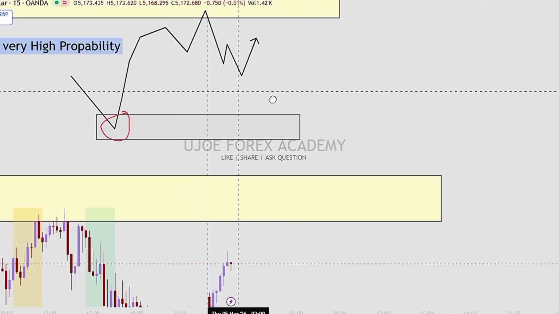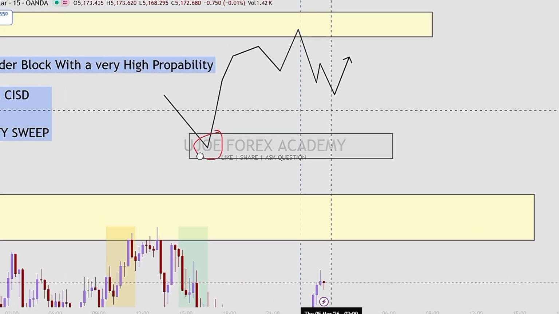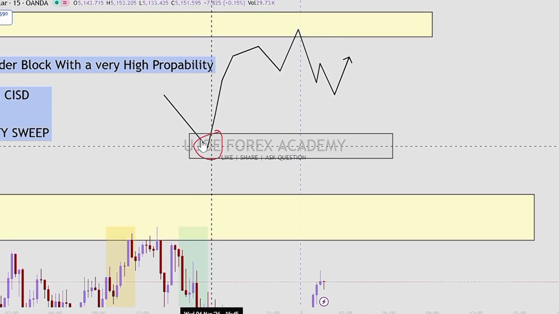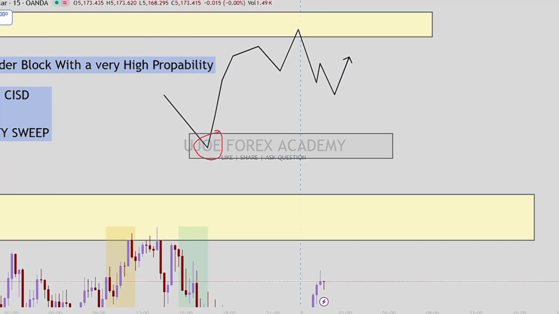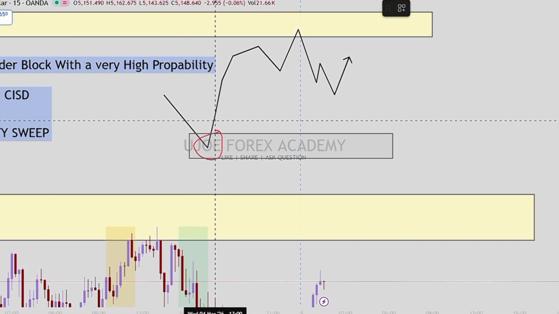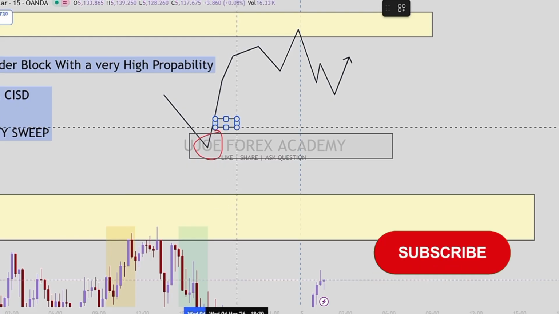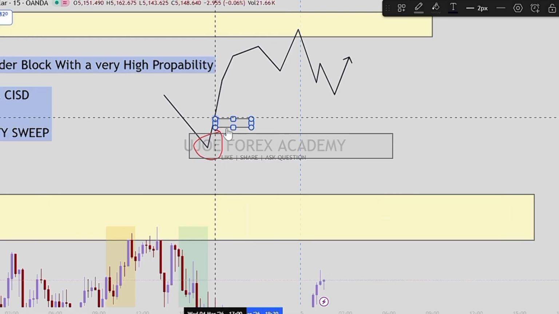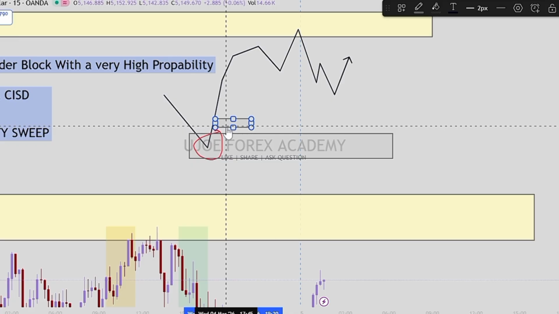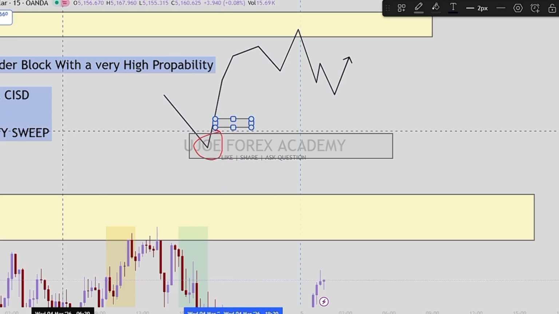All right, now since we're through with the zone, this point now becomes our order block. Remember, what we're looking at must also have a fair value gap here. This fair value gap would be sitting very close to the other block.